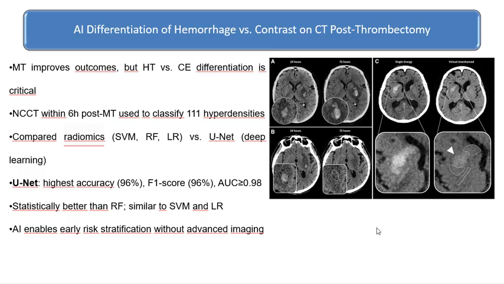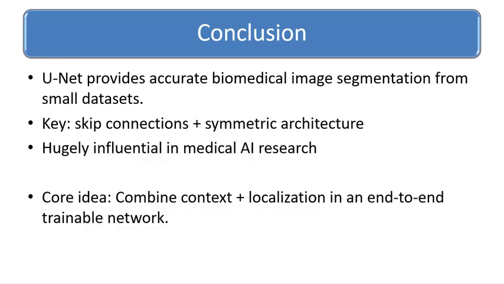And the UNet model achieved the best performance with 96% accuracy and area under the curve above 0.98, which is truly impressive. And this approach can improve early decision making for stroke neurologists.